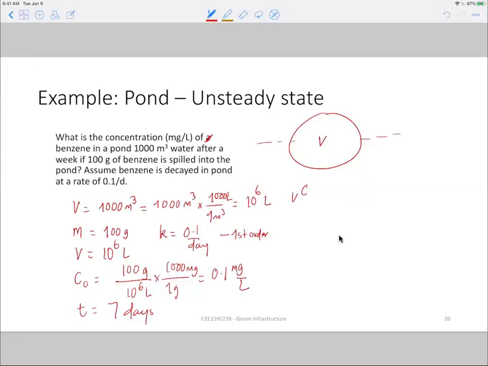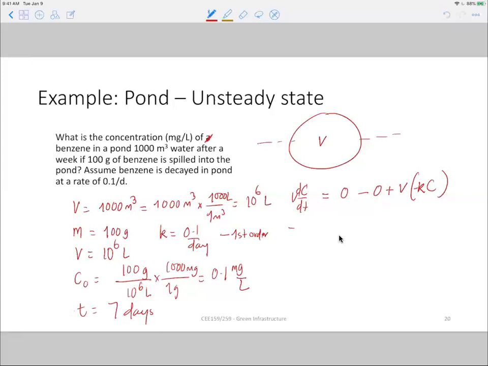So that's V dC over dt of the system, with the flow rate terms: what's coming in? There is nothing coming in, so that's 0. What's leaving the system? Nothing, so that's 0. Then the reaction term, so that would be volume times Kc, with a negative sign because first order reaction decreases the concentration.